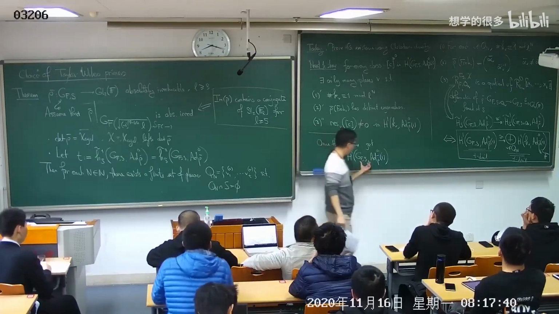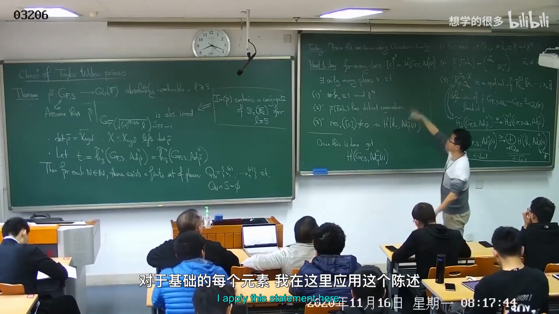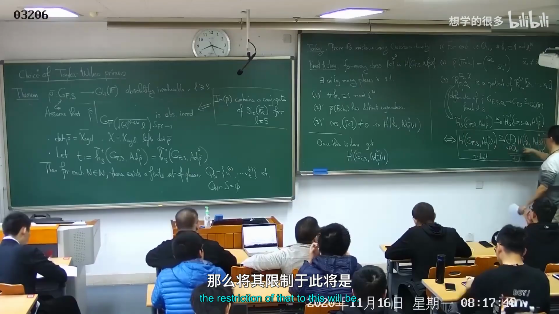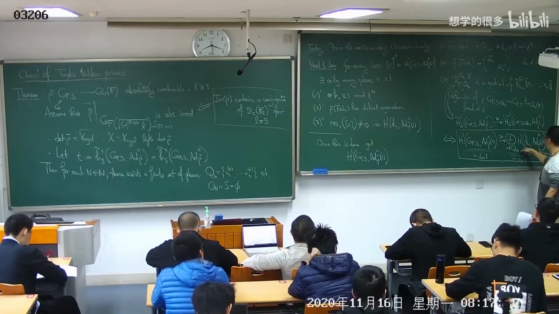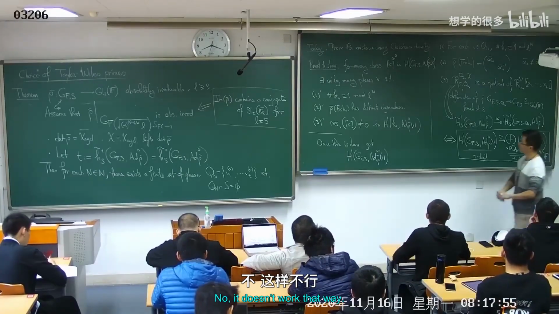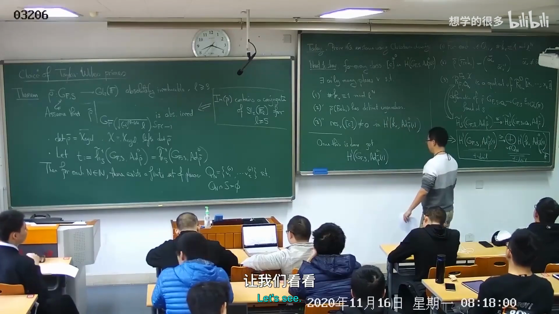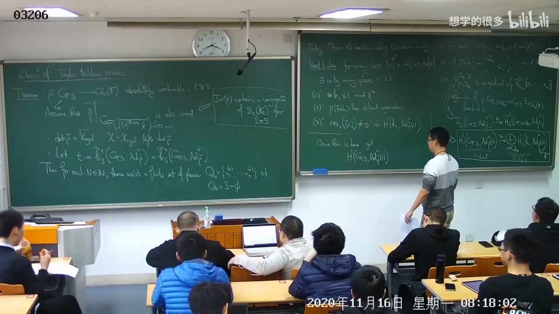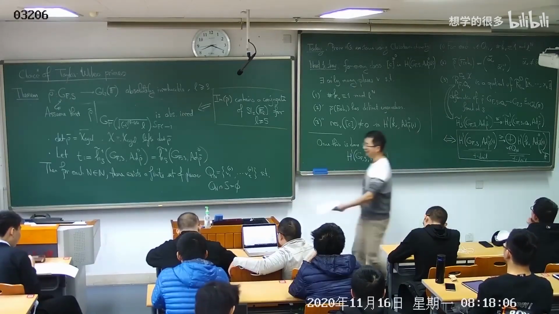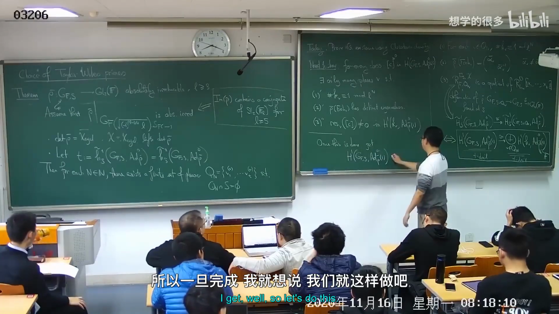And for each element in the basis, I apply this statement here. So I get a V. Then the restriction of that to this will be, actually no, it doesn't work that way. Let's see. Another argument.